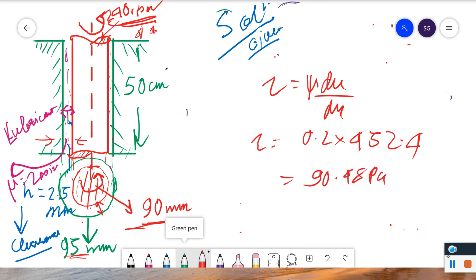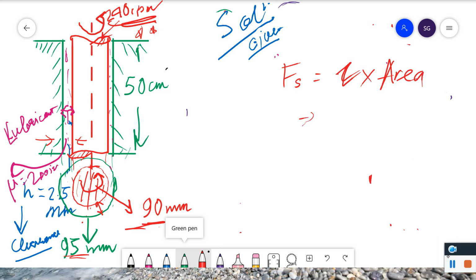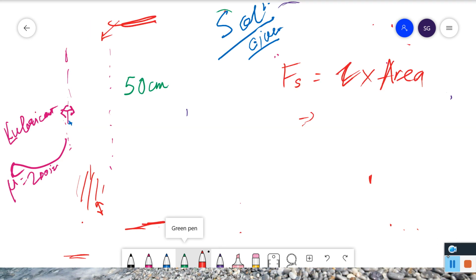But in the question we have to find out the shear force as well, torque also and power also. So you are well familiar with the concept, so I will tell you again. Shear force is nothing but shear stress into area, isn't it? Shear stress we have calculated out to be 90.48.